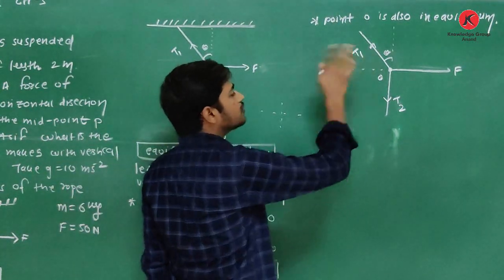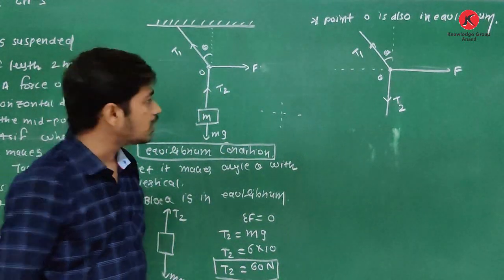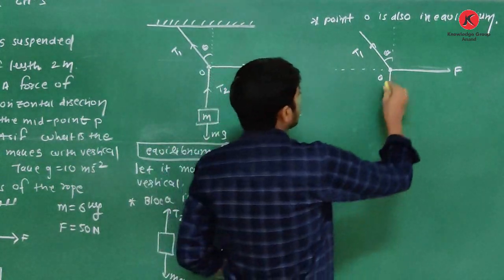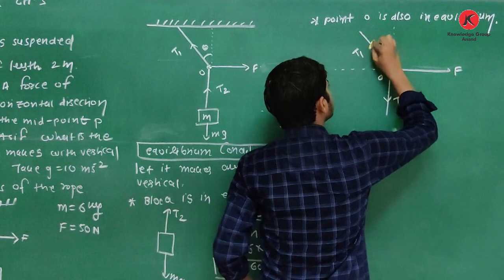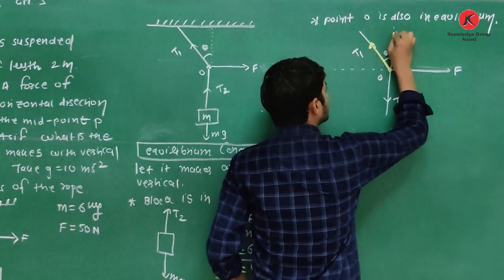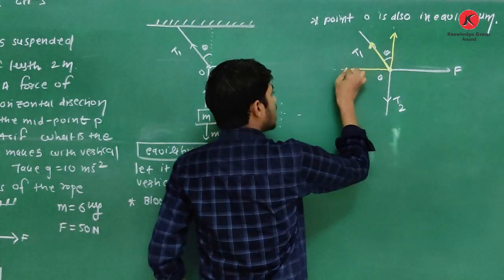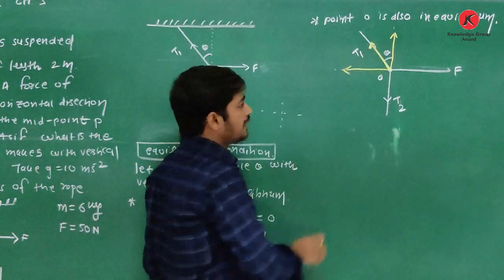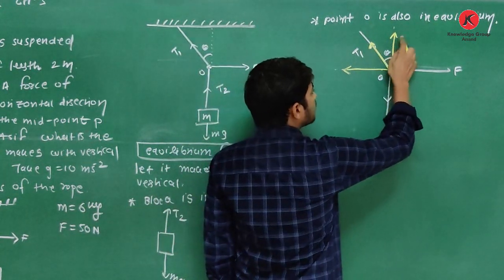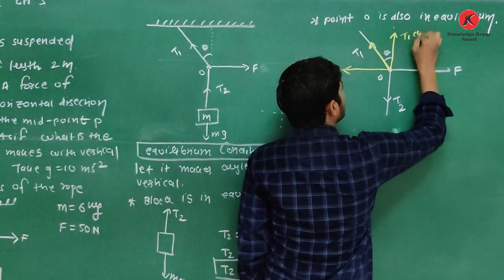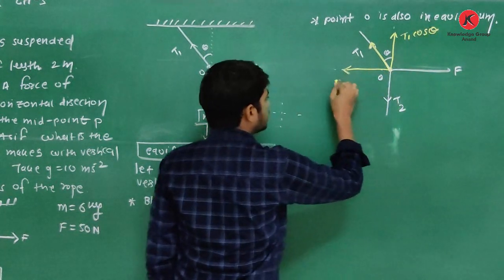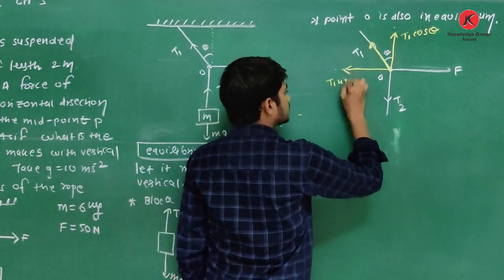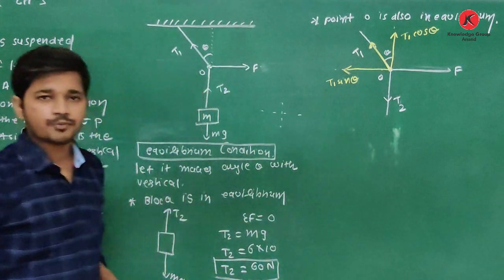But this T1 is not in horizontal or vertical plane. So we have to resolve only T1. I will resolve this T1 in two components, one in vertical direction and another in horizontal plane. As T1 is making angle theta with this component, it will become T1 cos theta, and T1 sin theta. Clear about this?